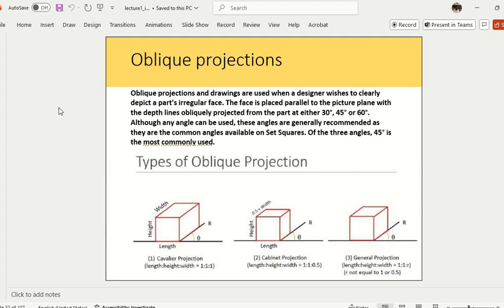If I make it 4 by 3 by 2, which method is it? General, because 2 is not half of 7, right? For the middle one, the cabinet method, what would be the dimensions? Yes, 4, 3, 3.5. Got it? Clear now?